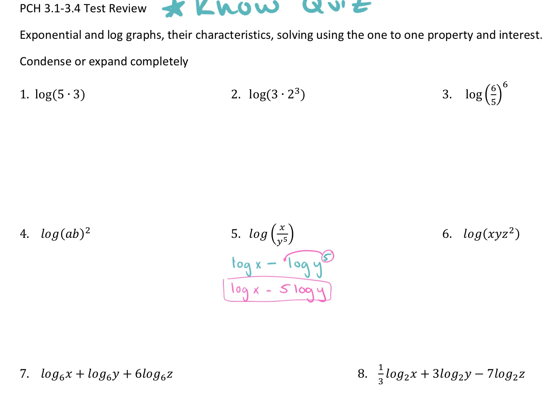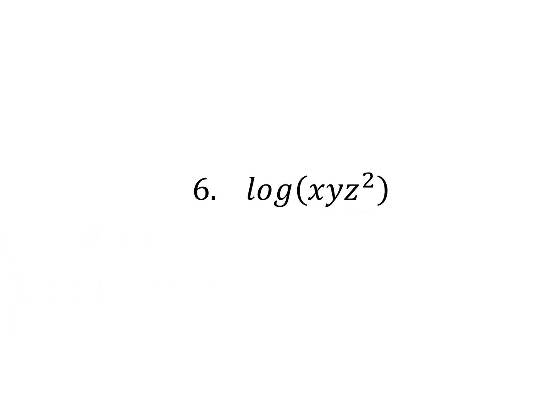Let's do 6. So we're multiplying here. What goes with multiplication? Addition. Perfect. So when we break these apart, we have log of x plus log of y plus log of z squared. What do we do with the exponent?